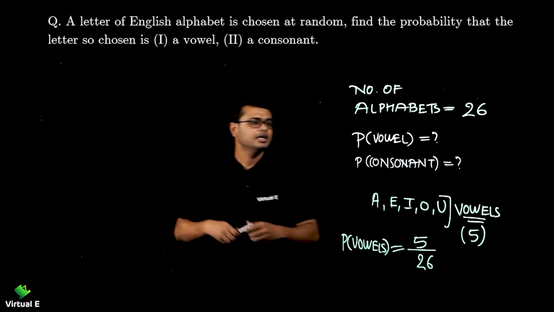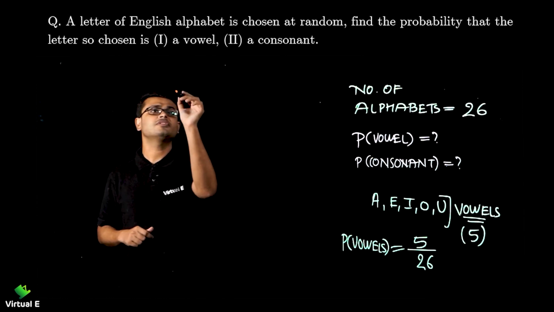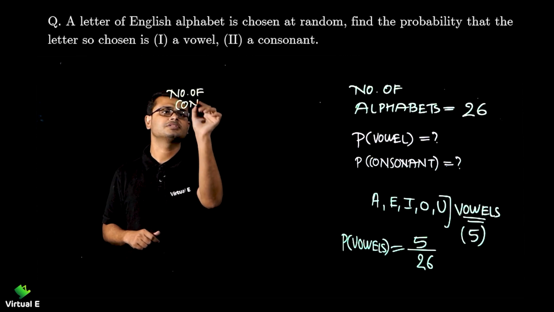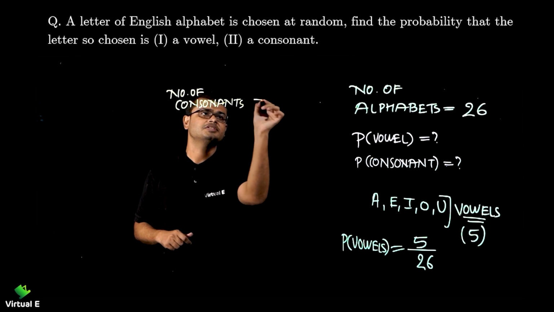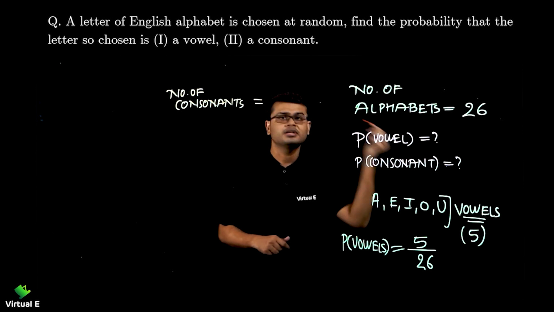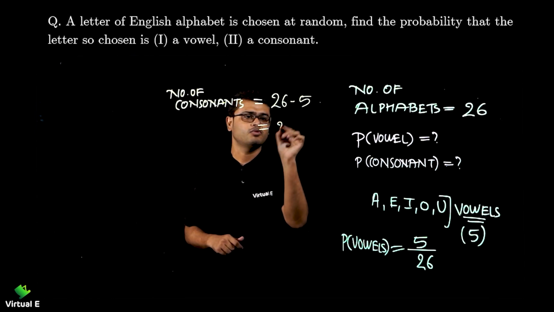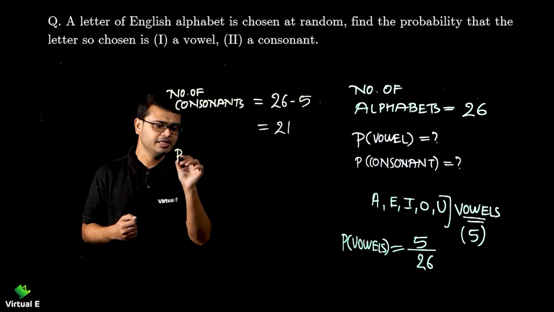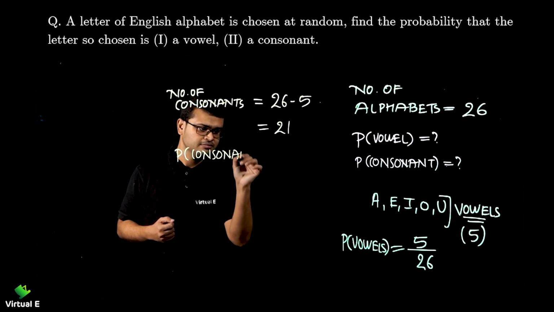Now what about getting the probability of a consonant? First of all we need to get the number of consonants. How can we get that? It's simple, right? 26 minus 5. You remove the vowels, so whatever is left is your consonants. So let's find the probability of getting consonants.